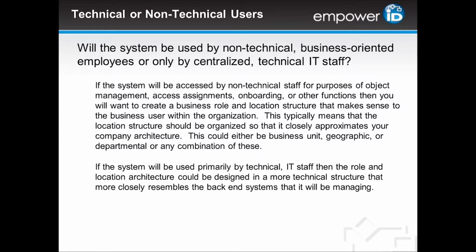Now, if the system will be used primarily by the technical IT staff, then the role and location architecture could be designed in a more technical structure that more closely resembles the back-end systems that it will be managing.